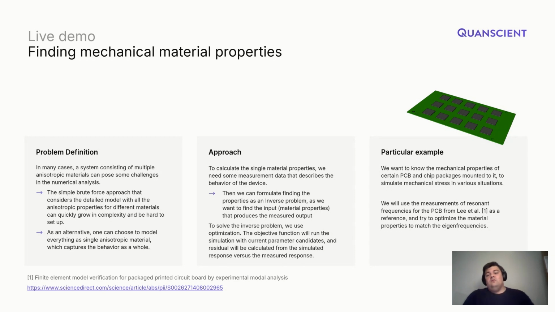And why do we want to do this? Well, as many of you for sure know, the material properties in FEM simulation can be very critical. For example, especially if you have anisotropic materials, it can get very complex very quickly if you try to model every little detail of your design.